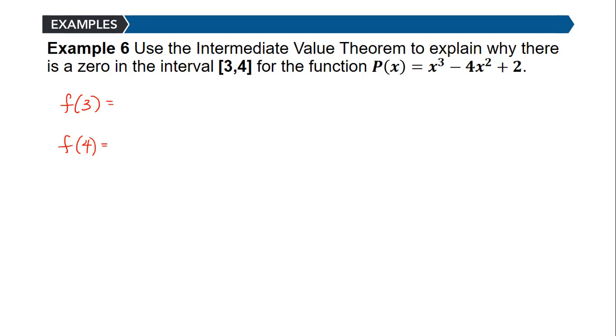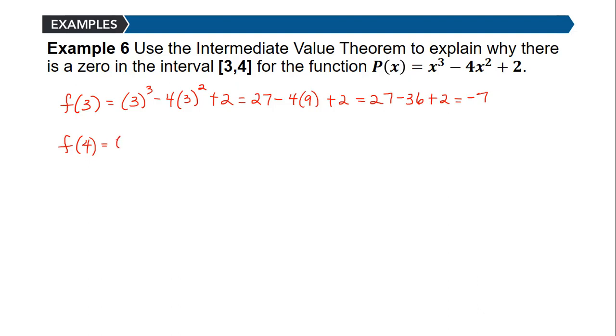So f of 3 is 3 cubed minus 4 times 3 squared plus 2, which would be 27 minus 4 times 9 plus 2, or 27 minus 36 plus 2, which is negative 7.